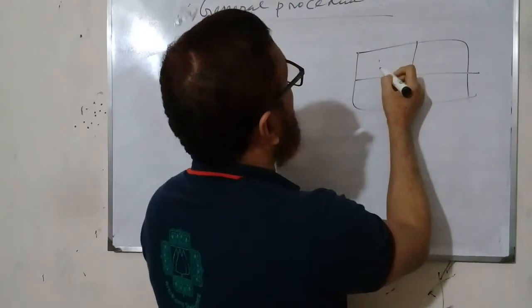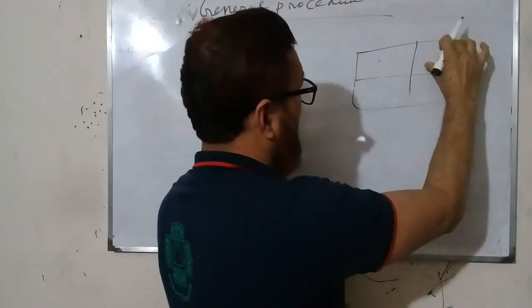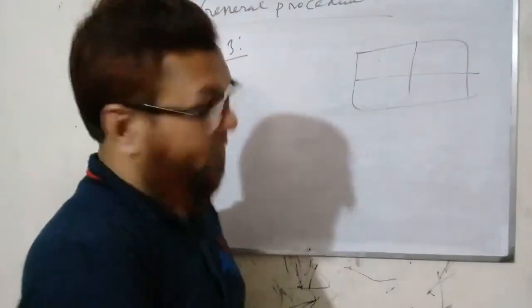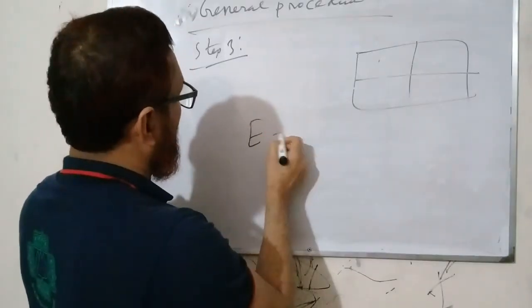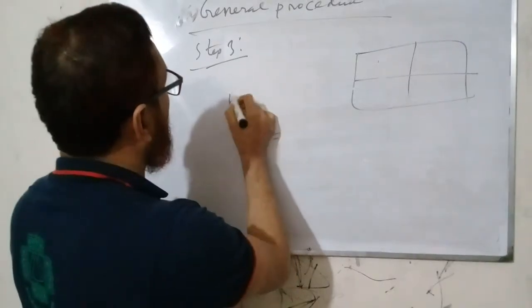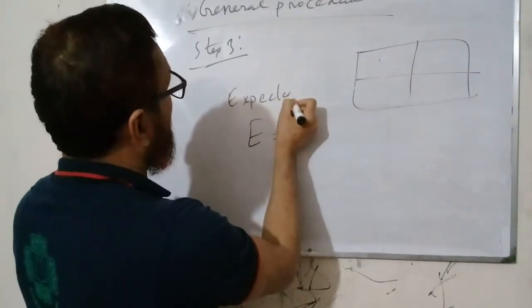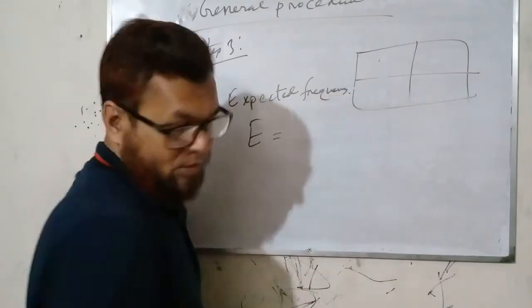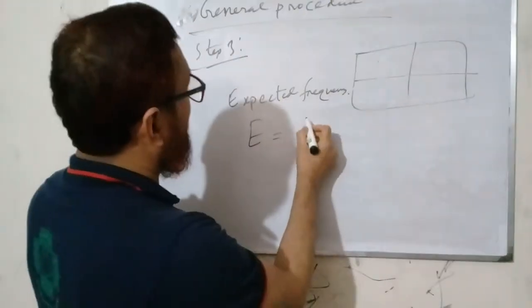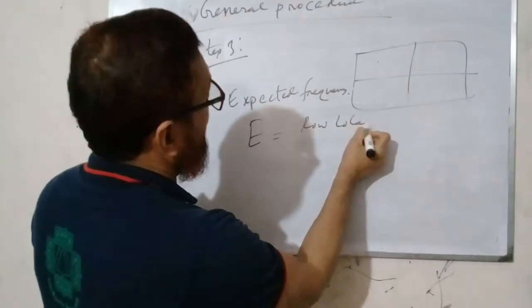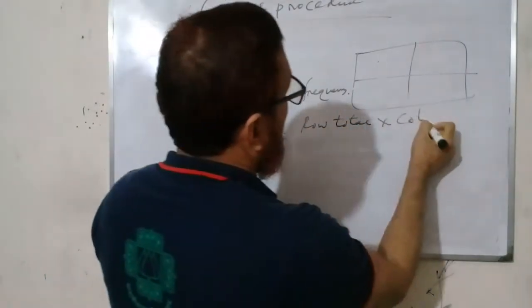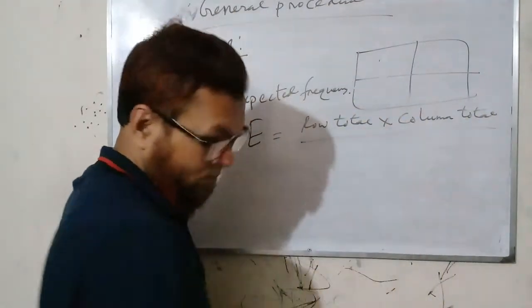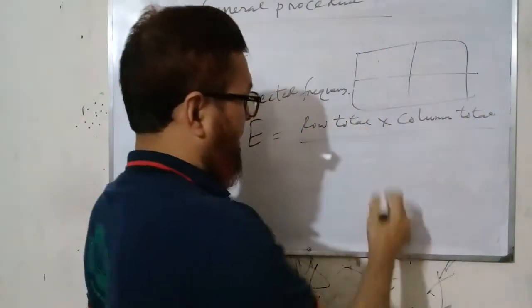Expected frequency is equal to row total into column total divided by grand total.